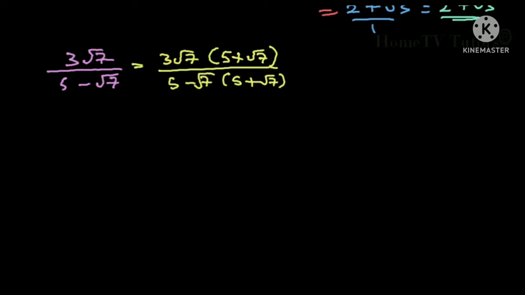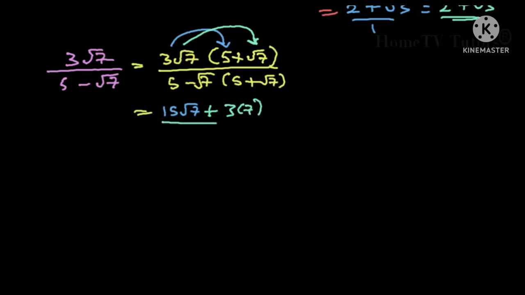Alright, so now let us open the brackets. Alright, at the numerator we use this to multiply this, so we have 3 times 5 is 15, then square root 7. Then again we use the same to multiply square root 7, so we have 3 times square root 7 times square root 7, which will give us 7.